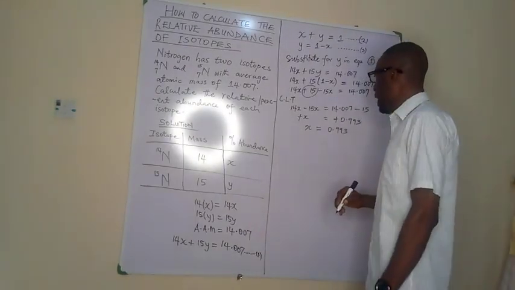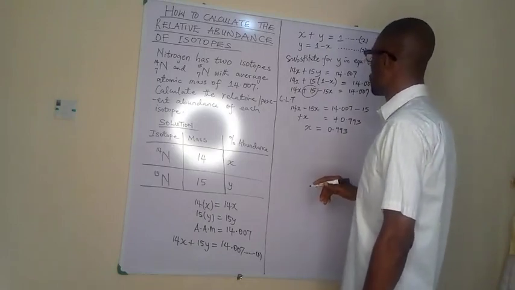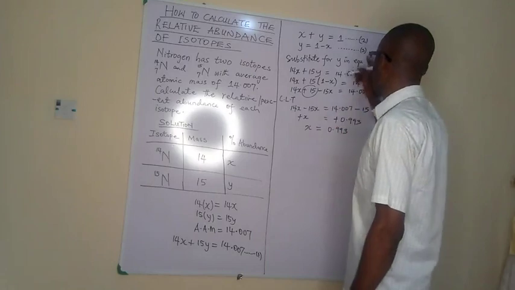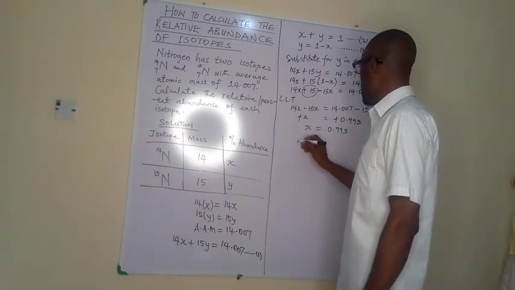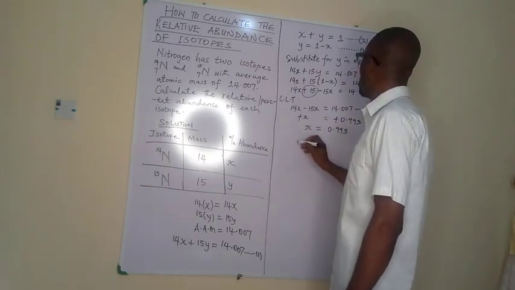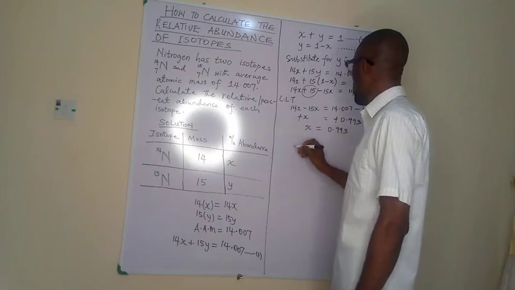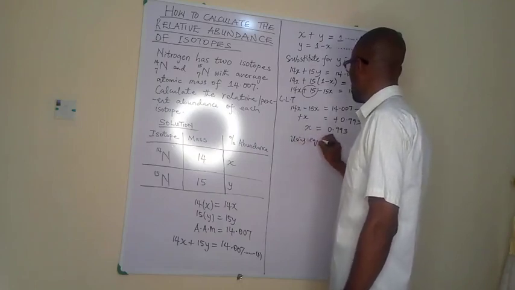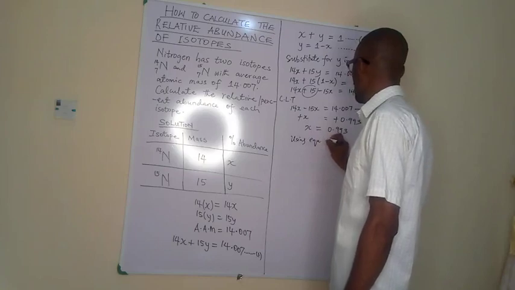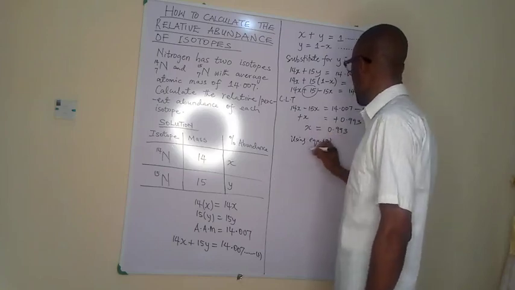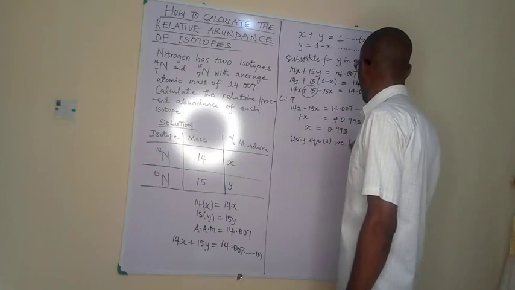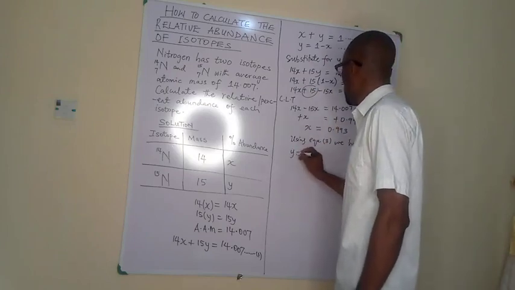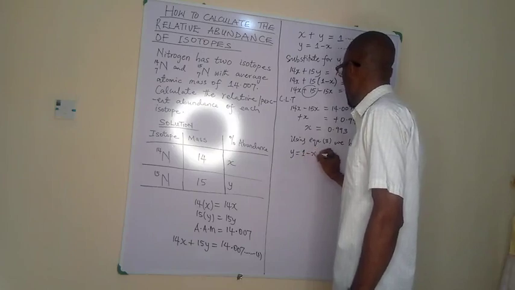All right, and then we are going to solve to find y, and we are going to use equation 3 to do that. Using equation 3, we have y is equal to 1 minus x.